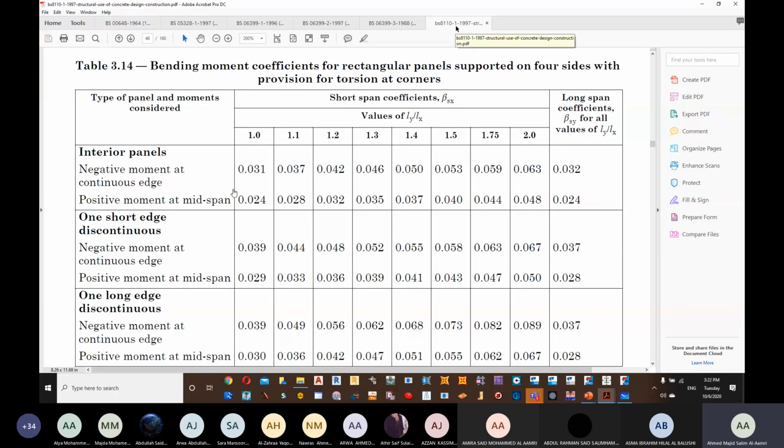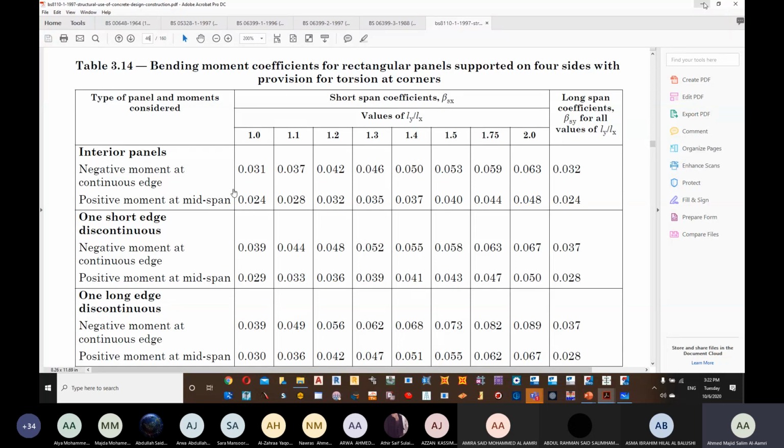This is the main code that we are going to use. It's BS8110 part number 1. It has been uploaded to your Teams. You can see that the page number is 46. The cases are available. I'm going to give you one example. You can try it yourself to identify the cases.